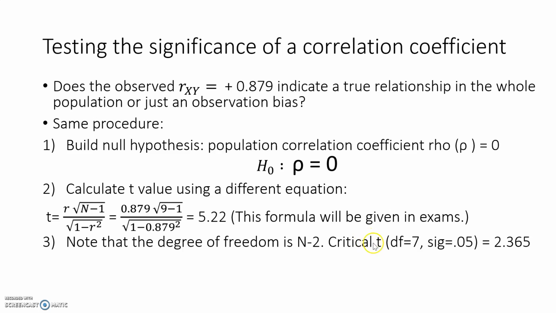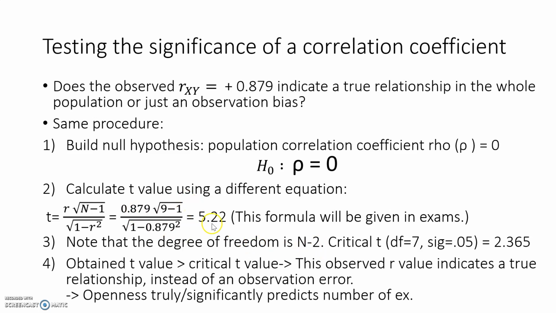After checking the t-table, the critical t-value with 7 degrees of freedom, at a significance level of 0.05 with a two-tailed test, is 2.365, and our obtained t-value is clearly larger than this critical t-value. So we conclude that this observed r value indicates a true relationship in the whole population instead of an observation error.